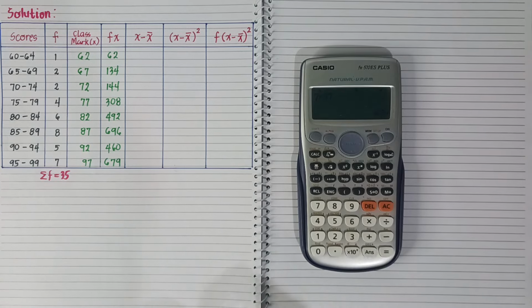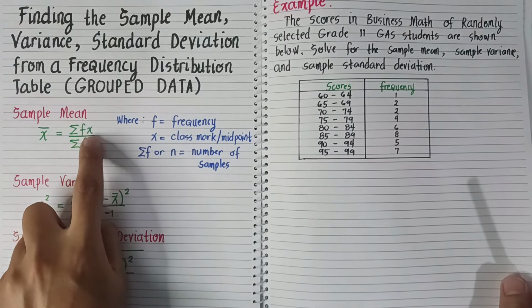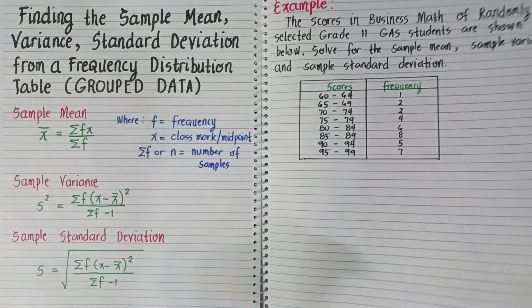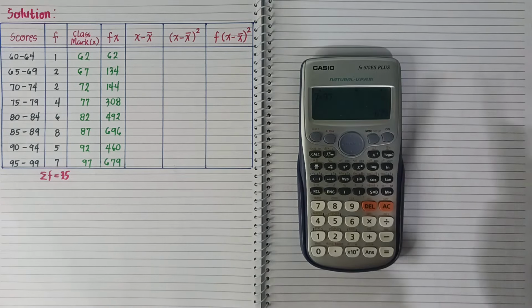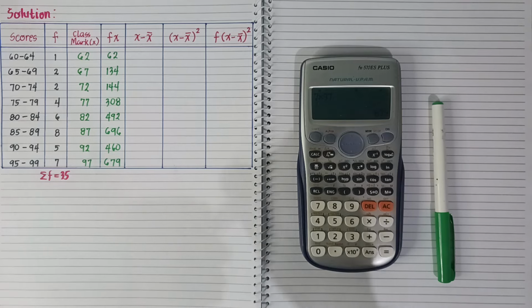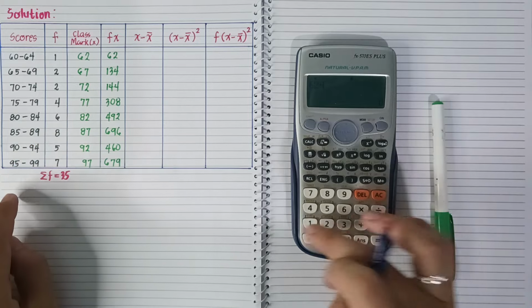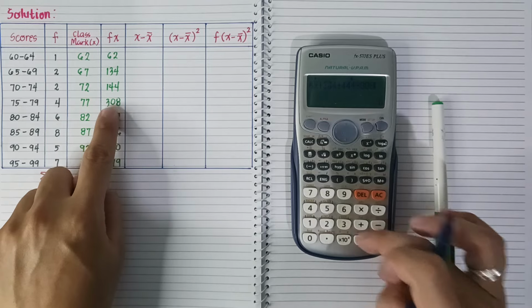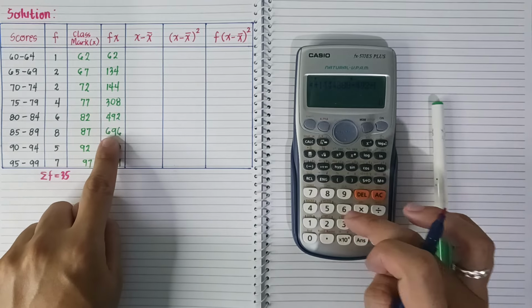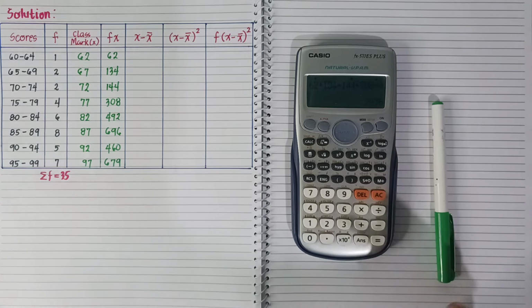Balikan natin yung mga formula. Dito we have summation of fx, f times x, meaning get the summation of this column. So pag pinag-add natin yan, we have 62 plus 134 plus 144 plus 308 plus 492 plus 696 plus 460 plus 679, with a total of 2,975.